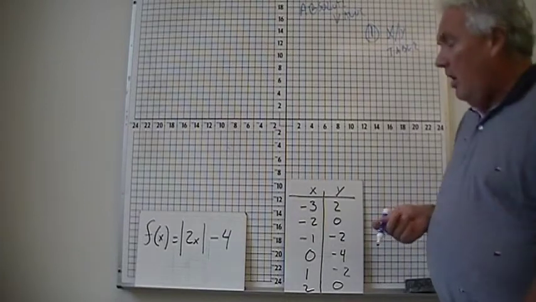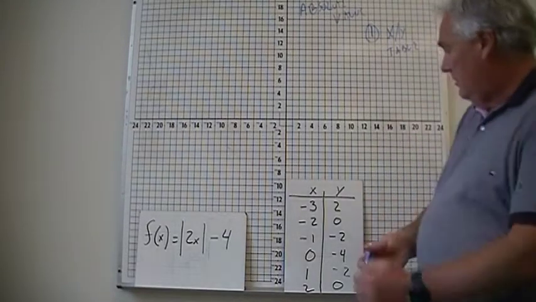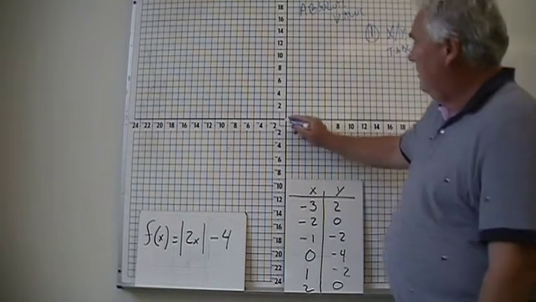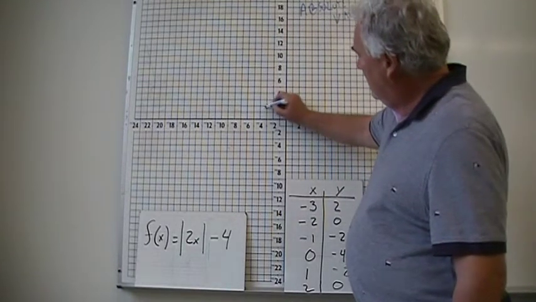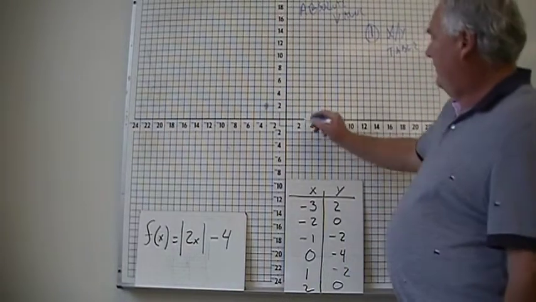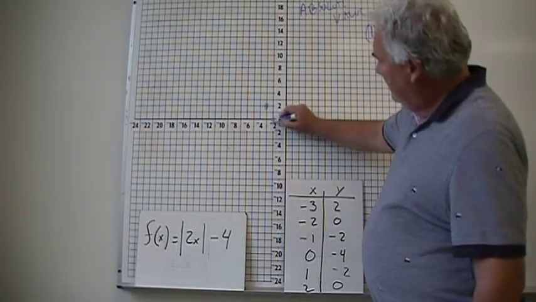And then all we do is plot the points. Negative 3, 2. Negative 2, 0.